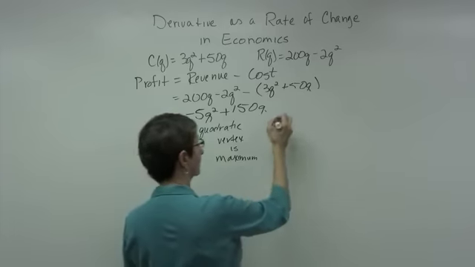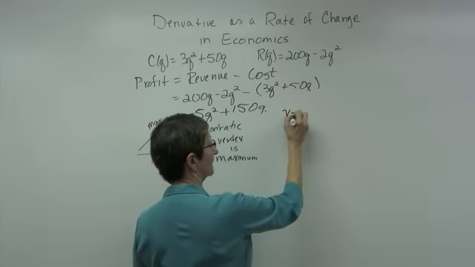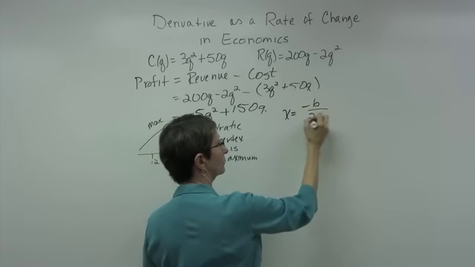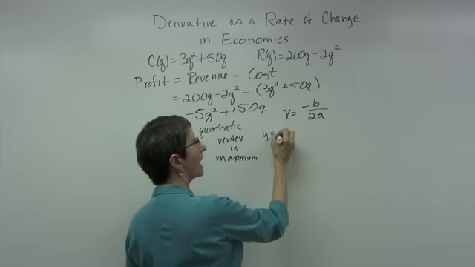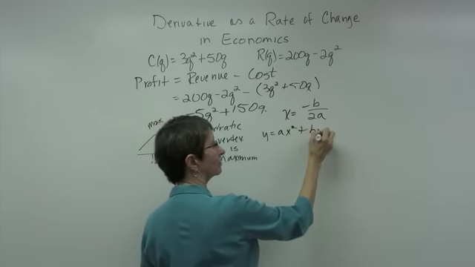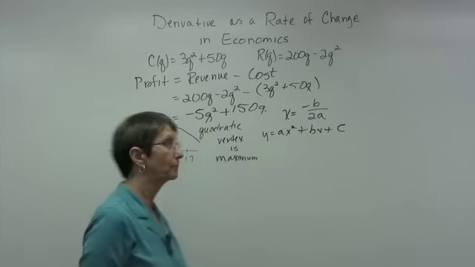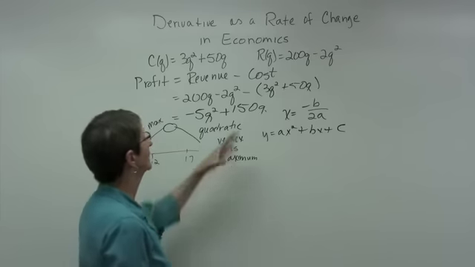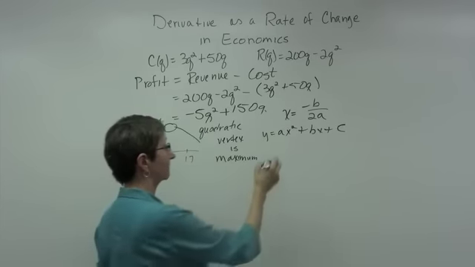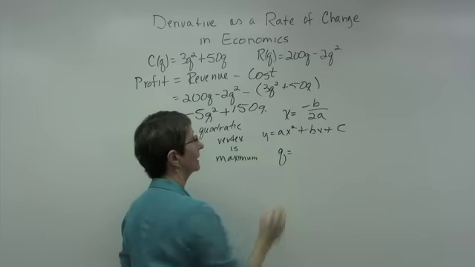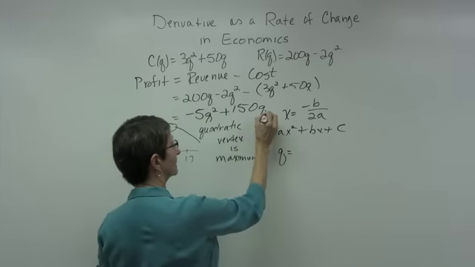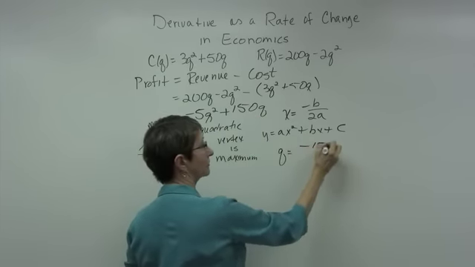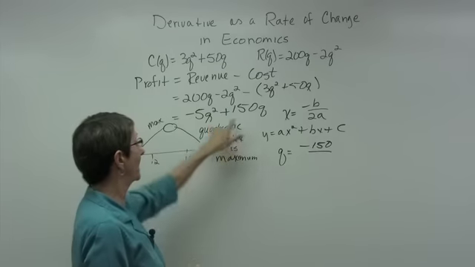Parabola vertex, the x value is negative b over 2a if it's in the form y equals ax squared plus bx plus c. So let's do that. For this problem, I don't have x, I have q, equal to negative b. Well, my 150 here is my b, so that's negative 150, over 2a.